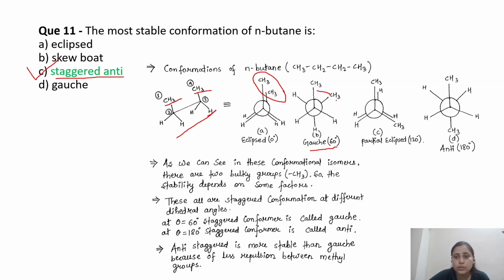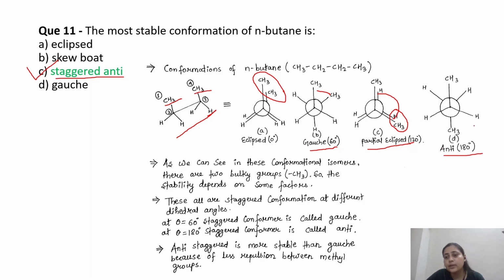And then if we further move CH3 to 120 degrees, from here to here, the two methyl groups are very far, so there is less repulsion. But here if we see CH3 and H, these groups are very near, so these can repel. Next is the anti.